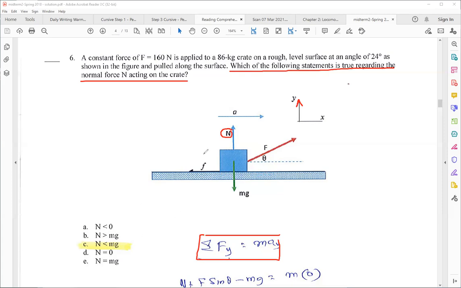I have the normal. This is positive, pointing up. Now, the force you see acting at a certain angle theta will also have a vertical component. This is Fy. Now, Fy here will be equal to what? Is it the sine or is it the cosine?